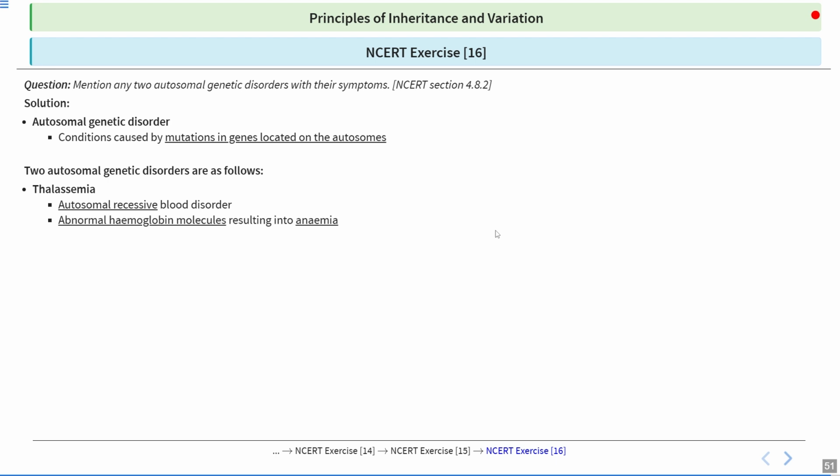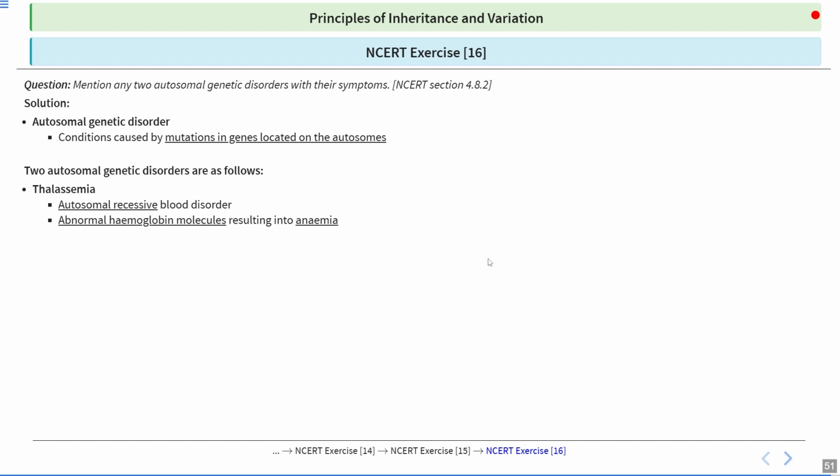Now in thalassemia, what happens? Less amount of hemoglobin is being produced because a reduced amount of globin chains are being produced. Thalassemia is caused due to mutations or deletions in the genes, and it is of two types, alpha thalassemia and beta thalassemia. In alpha thalassemia, there is a reduction in the production of alpha globin chains.